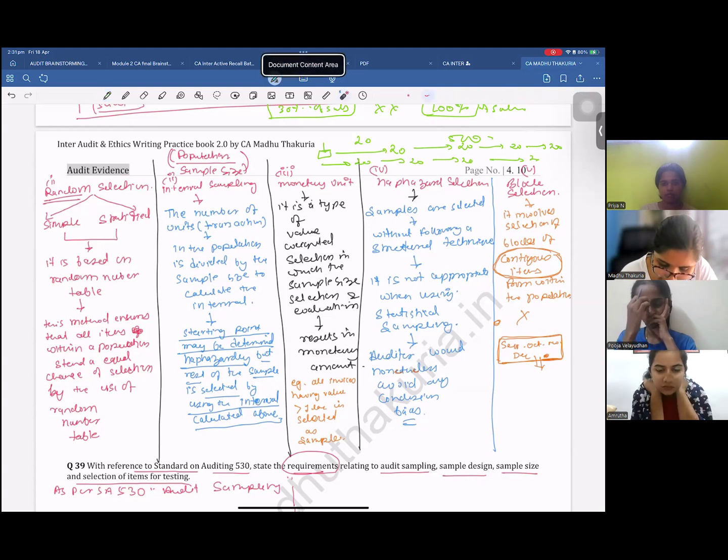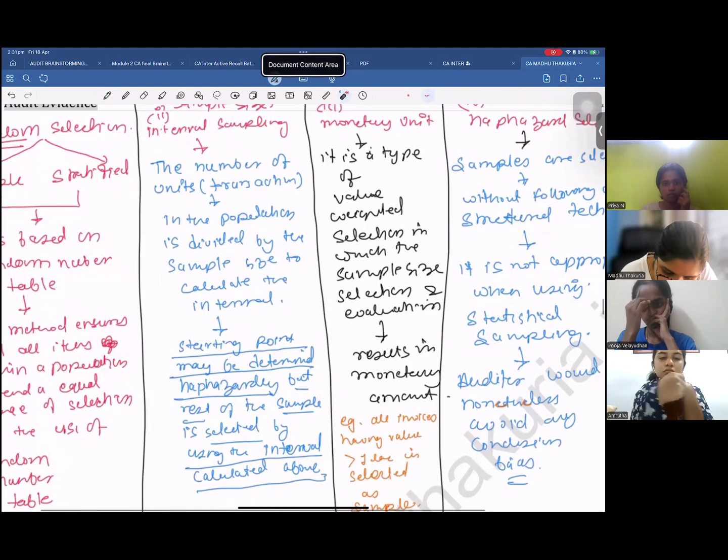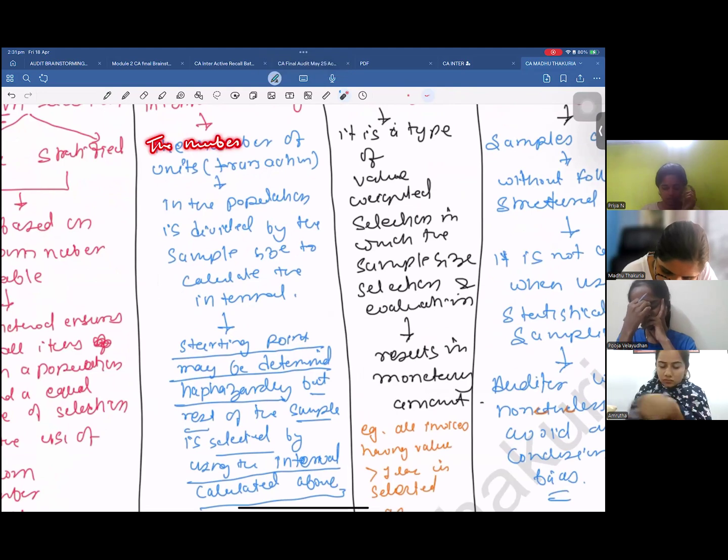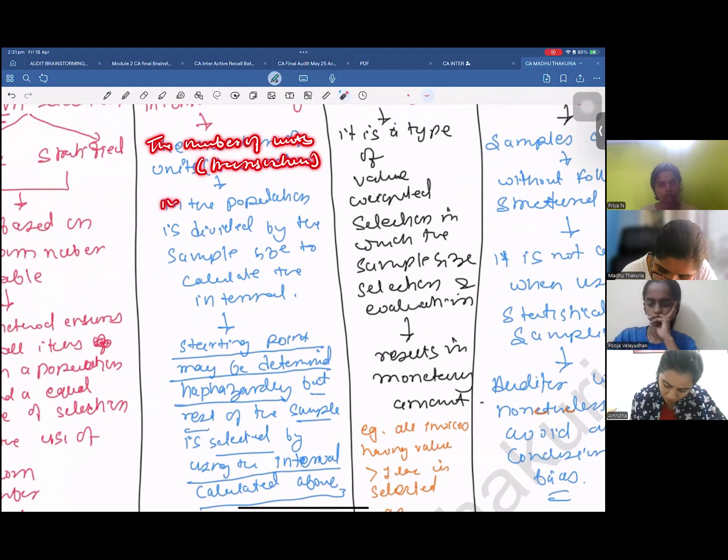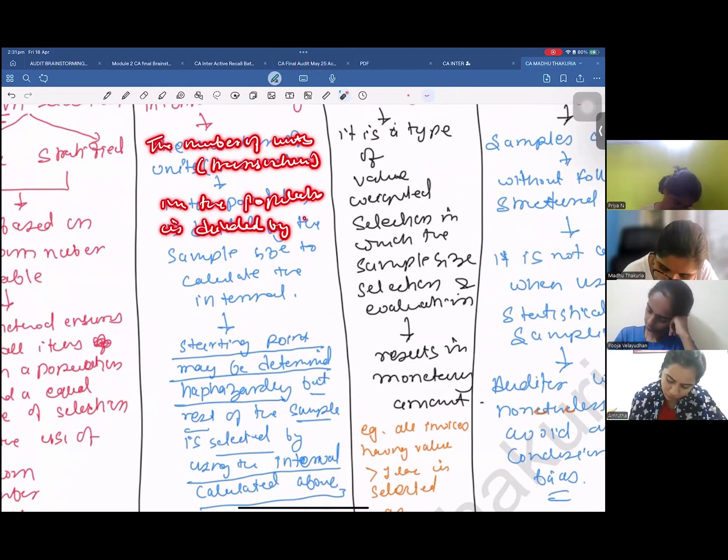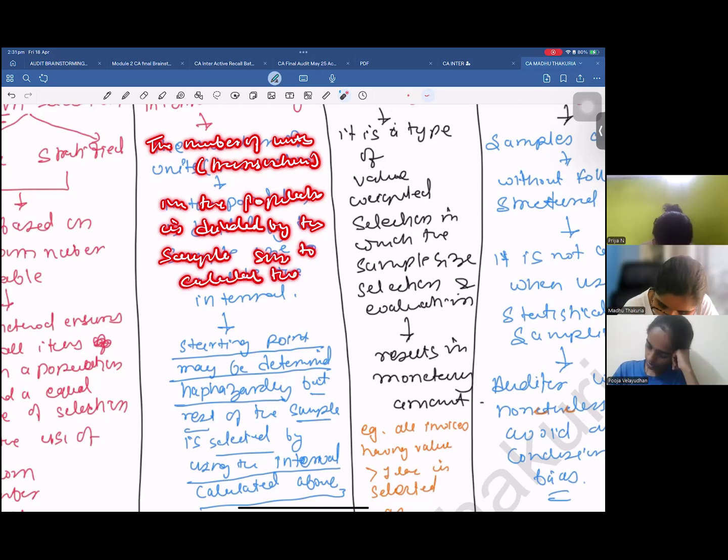Now please write this down. The number of units (transactions) in the population is divided by the sample size to calculate the interval.